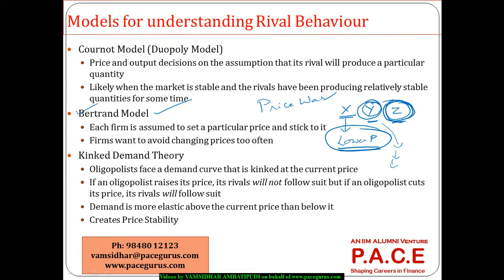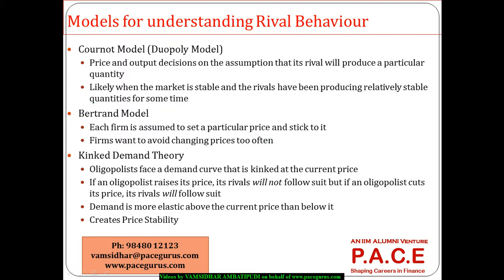And the third important theory in a non-collusive oligopoly is a very interesting one, the kinked demand theory. We see that the demand curve in case of oligopoly is not a smoothly downward-sloping curve. It behaves in this kind of way.